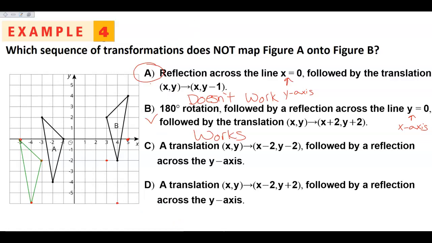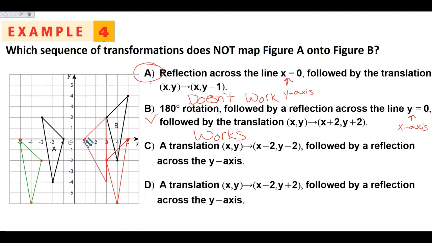All right, so then this is our last transformation, and it does not work either. Okay, we need to go straight up after this 4 in order for this to work. Or if we notice something here, if I take B down 2 and over 2, B is going to end up right here.